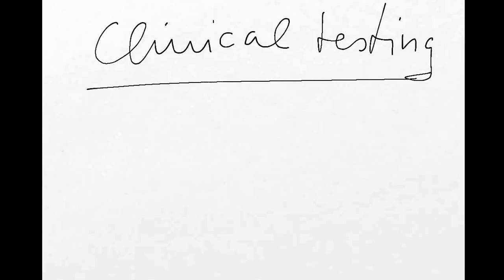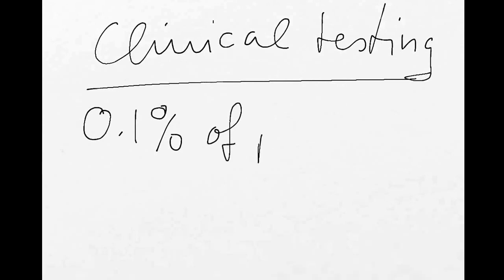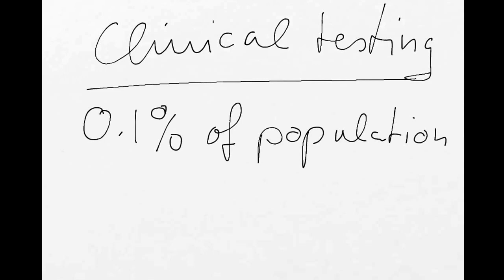Let's say there is a horrible disease, an infectious disease, and this infectious disease affects 0.1% of the population. This disease is so horrible that it doesn't even have a name. It makes your tongue go curly.